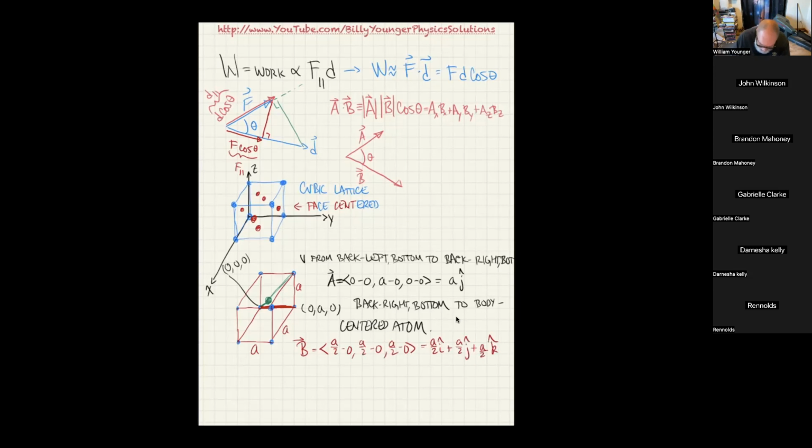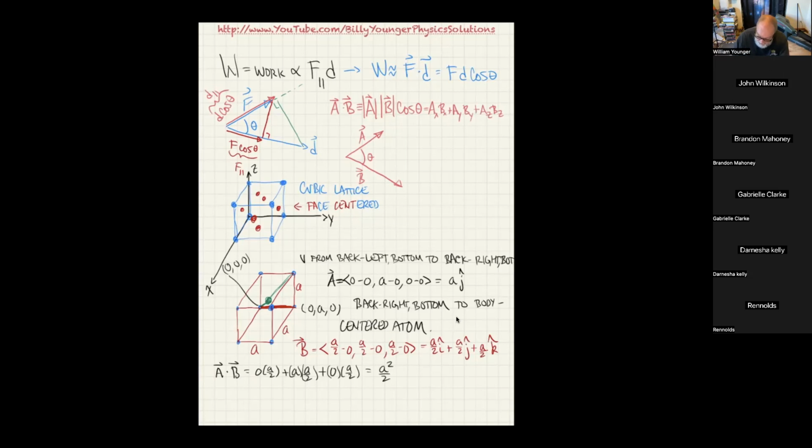So now I can take A dot B, which is 0 times a over 2 plus a times a over 2 plus 0 times a over 2. And in that case, I get a squared over 2.